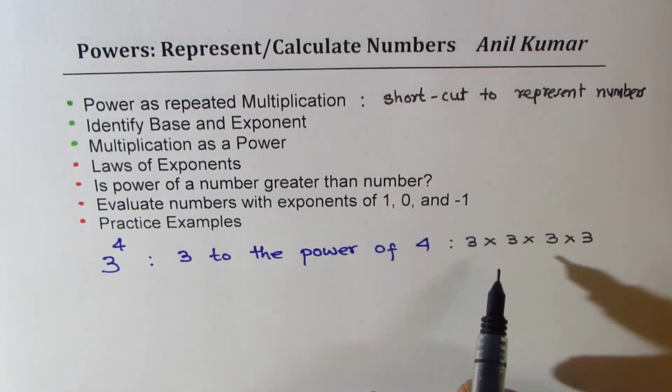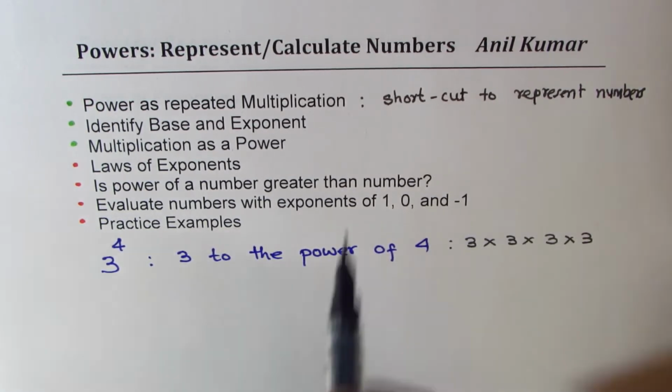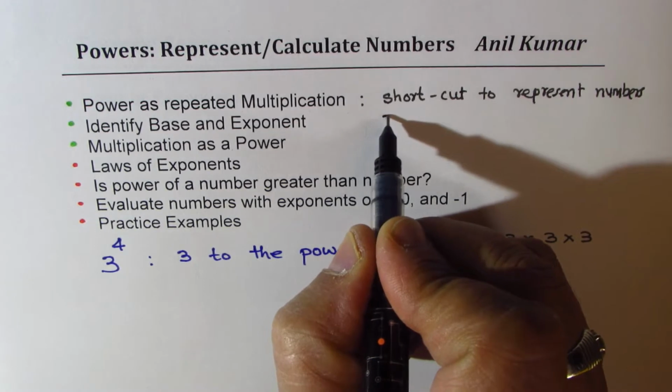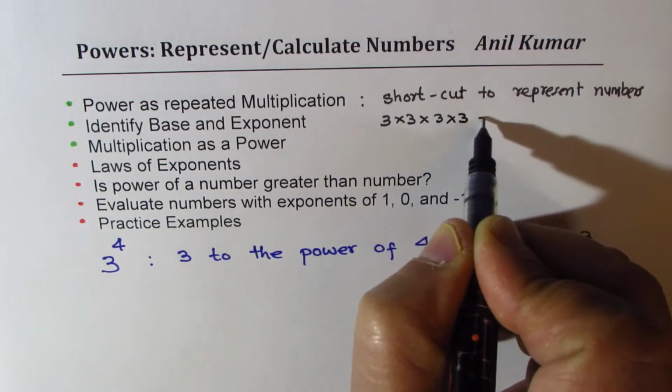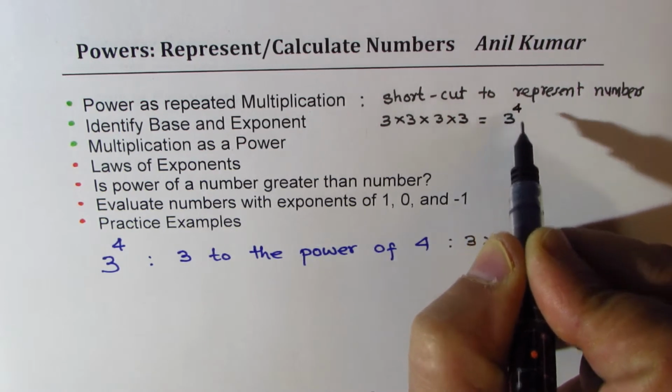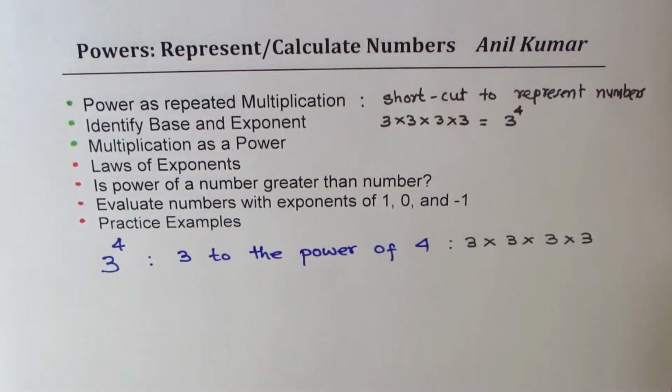In this example, you saw that we have written 3 times 3 times 3 times 3 as equal to 3 to the power of 4. That is called a number in the form with powers.